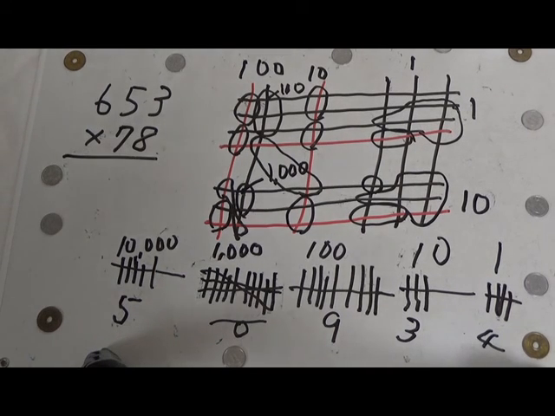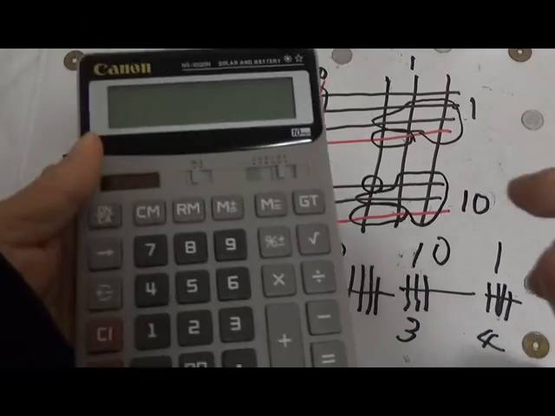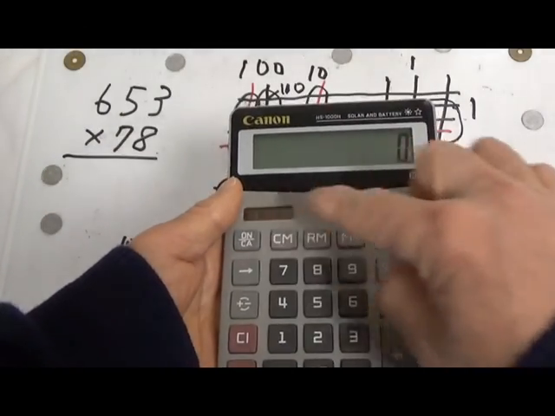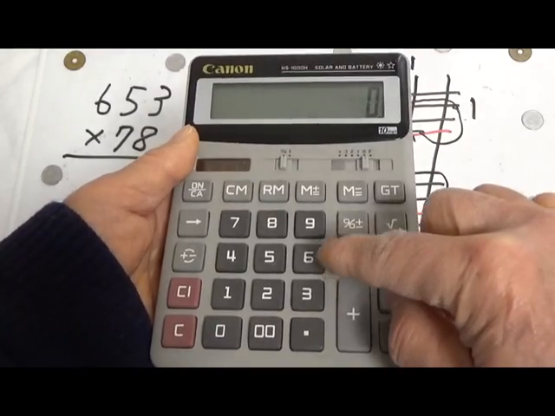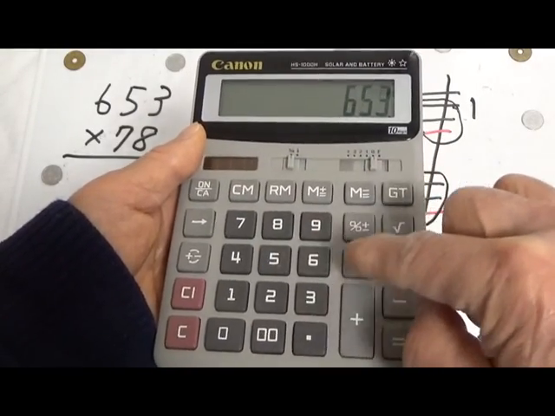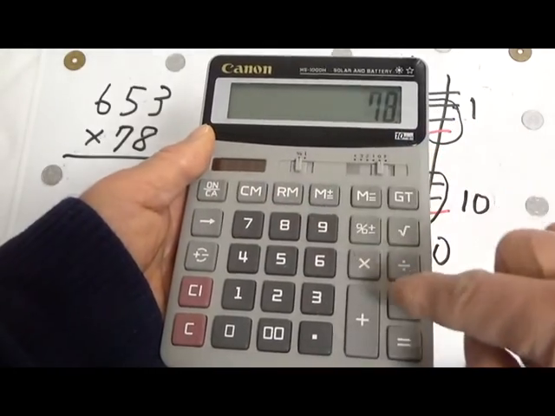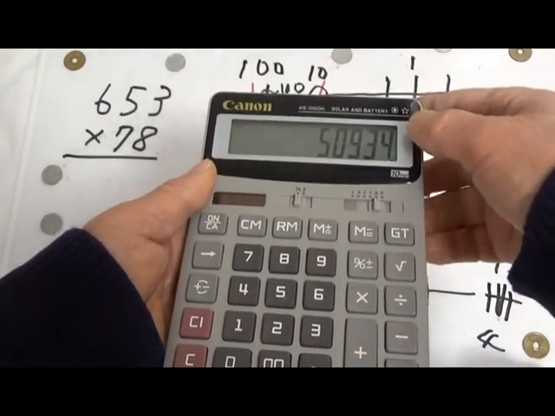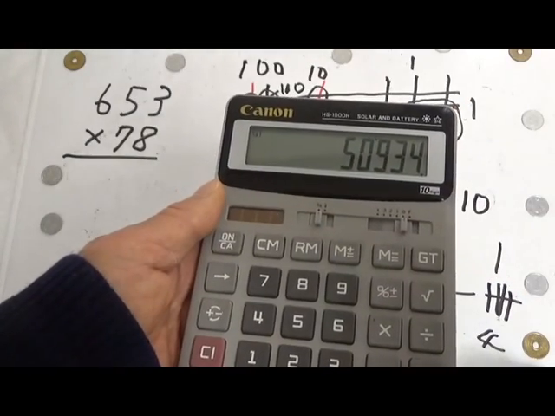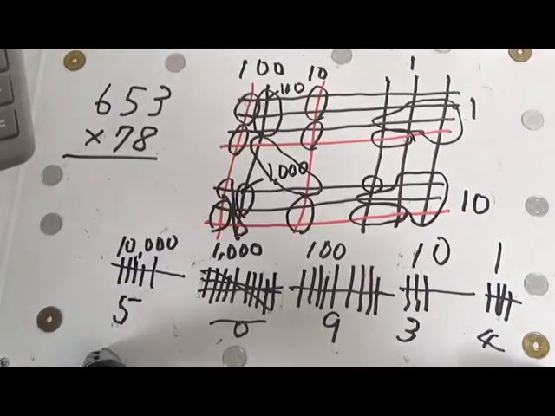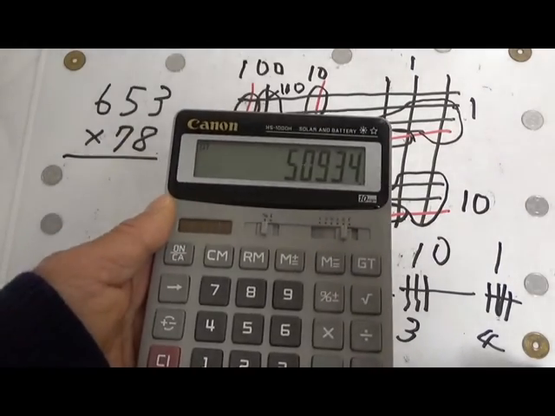So resultantly, we obtain 50,934. Let's calculate. 50934. Yes, it's all right.